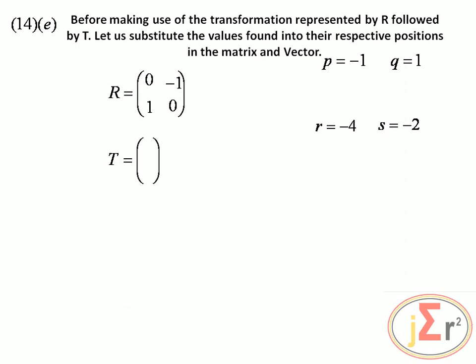What about the vector? Negative 4 goes there and negative 2 goes there. There's nothing to it. So we need to use the combined transformation R followed by T in order to transform a particular point. And what is that point? That point is 8, 5.